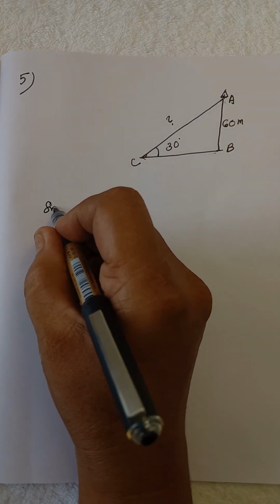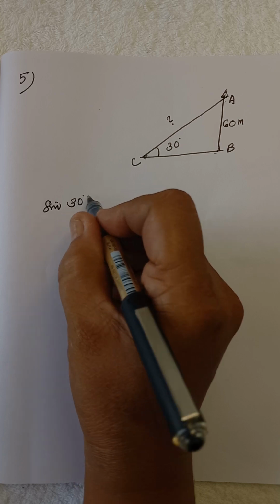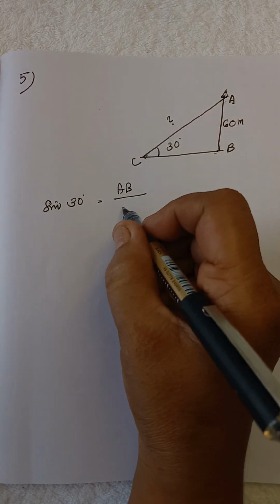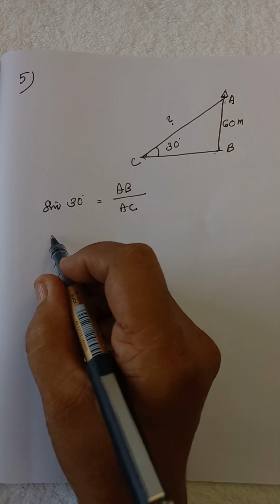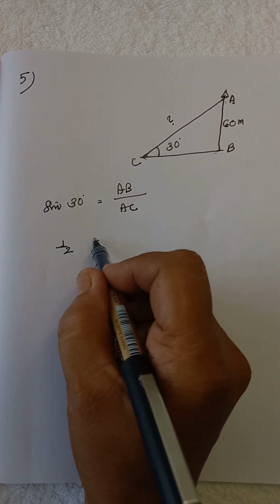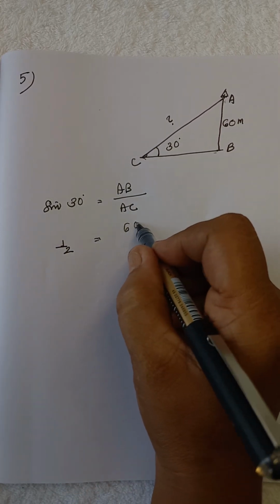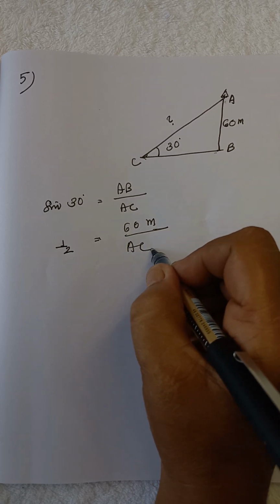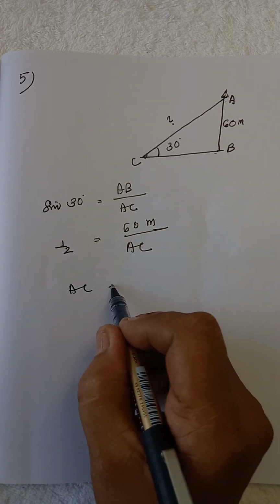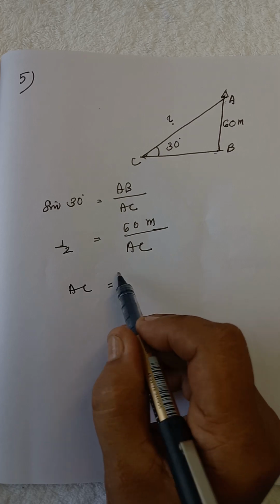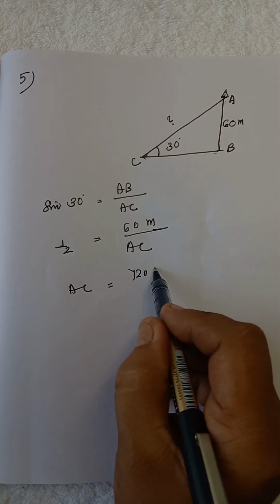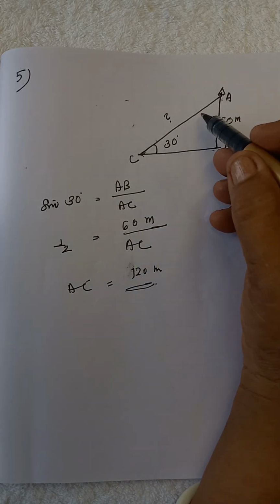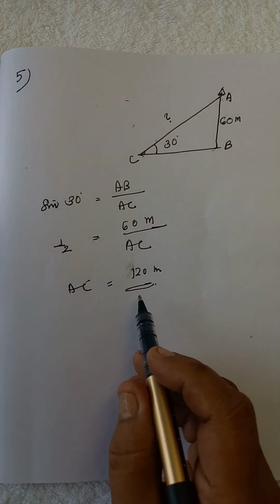Sine 30 degrees equals opposite side AB by hypotenuse AC. Sine 30, that is 1/2, equals AB, that is 60 meters, divided by AC, which we don't know. So AC equals 60 into 2, that is 120 meters. AC, the length of the string, is 120 meters.